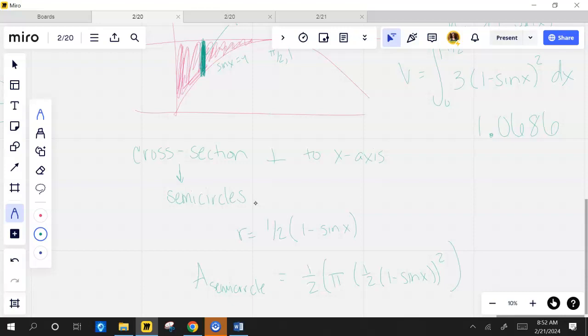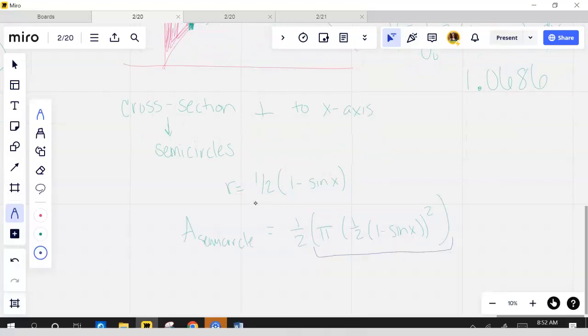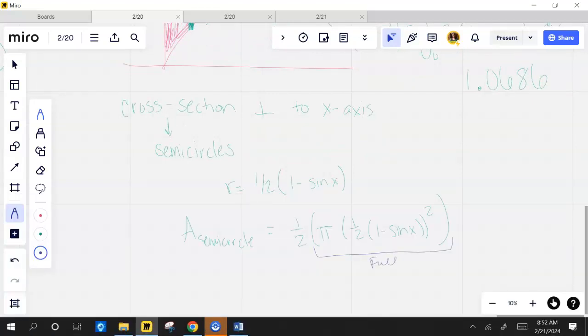Right. So this is the full circle, but the 1/2 is because it's a semicircle. Pi r squared. And I would plug it in exactly like this to keep from making a huge mistake. 0.089.